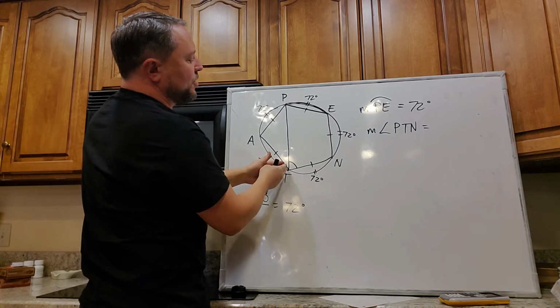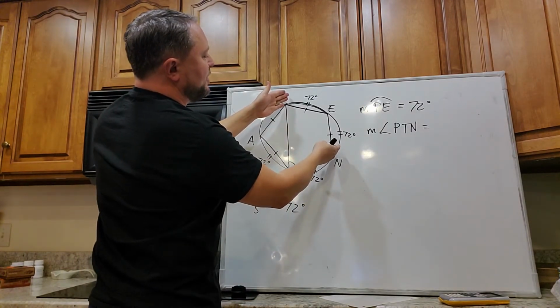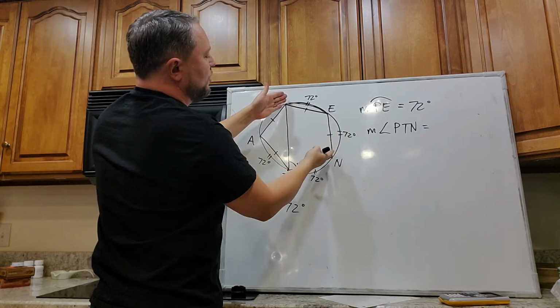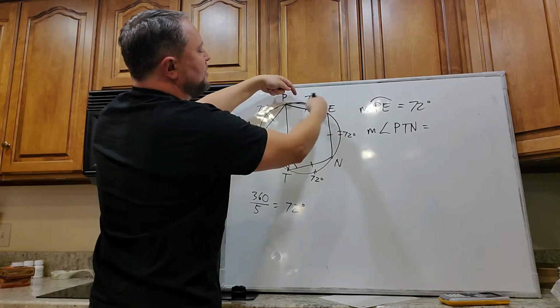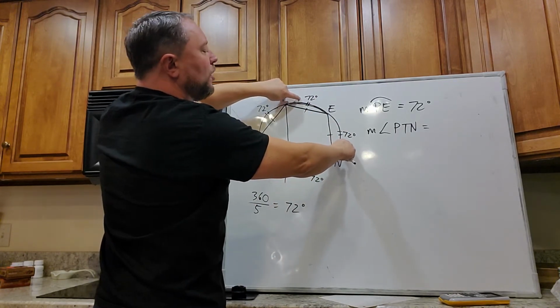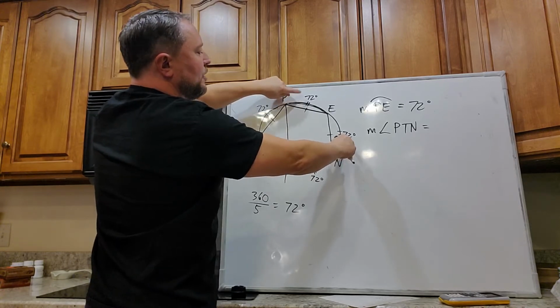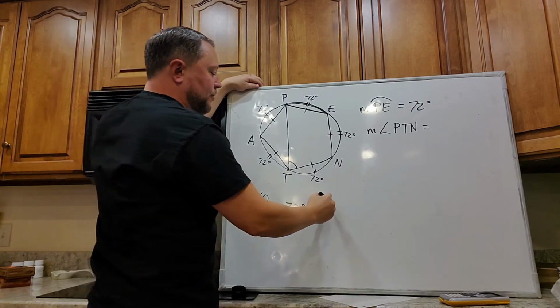It has its vertex on the circle. And when I follow it out, I see that it hits not 1 but 2 of the 72s. See that? So it hits an arc that is a total of 144. See that? But keep in mind my inscribed angle is only going to be half.